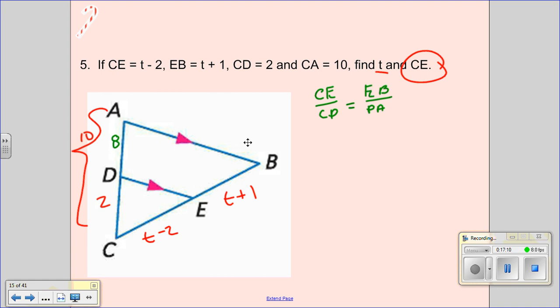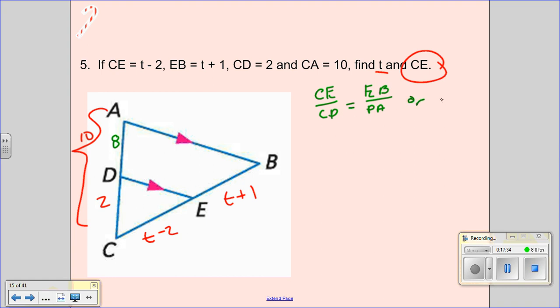Okay, rewind. I have my triangle flipped over because I'm used to the smaller one being on top. Okay, CE is bottom right, CD is bottom left, EB bottom right, top right, DA is top left. So that's one way of saying it.